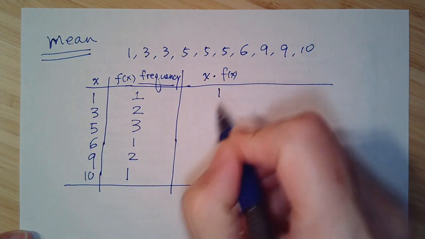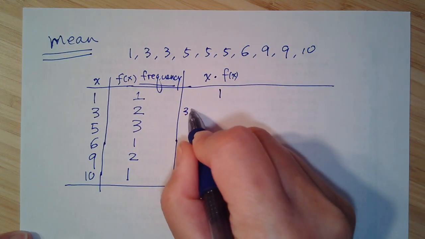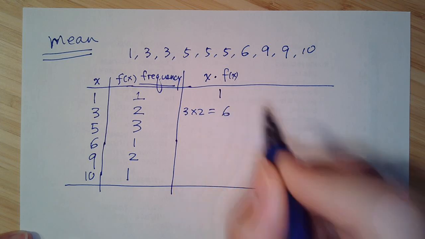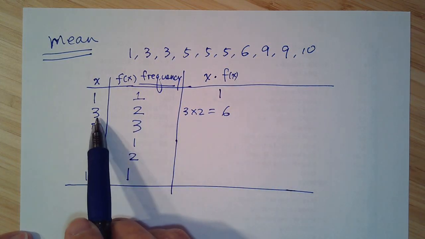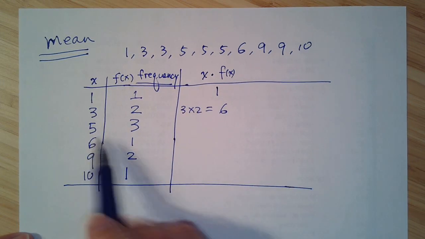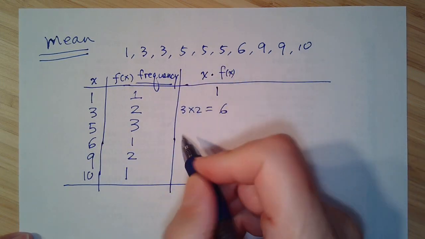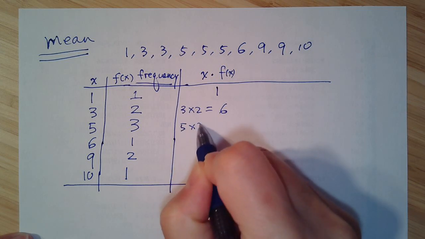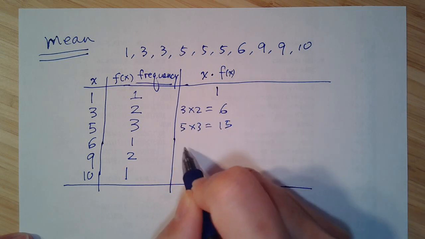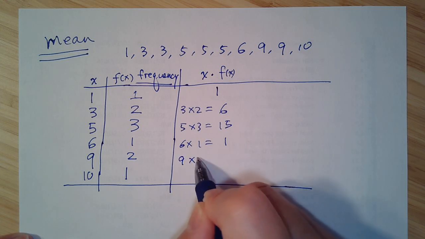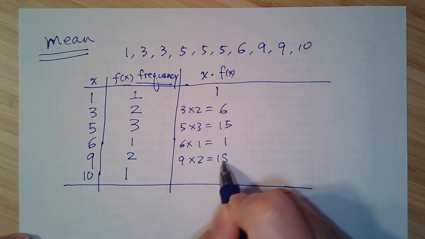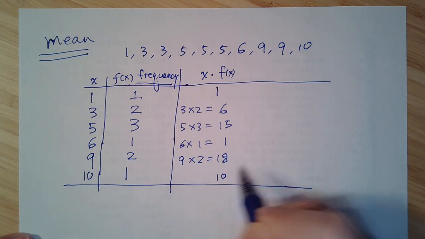You have a 1, you have 3 times 2, which is 6. Now you see, how do I get this 3 times 2? Because I have 2 3's. You add up 3 plus 3, which is 6. And then you have 5, 5, 5, 3 times. So you get 5 times 3, which is 15. All right, now 6 times 1, that's 6. And 9 occurred twice, so it's 18. And then the last one is 10.